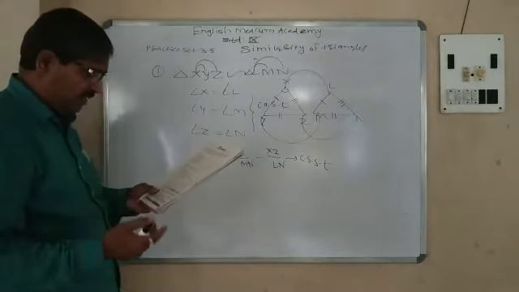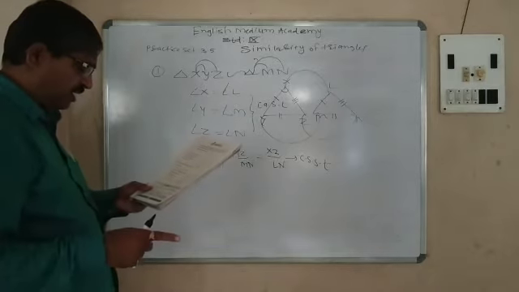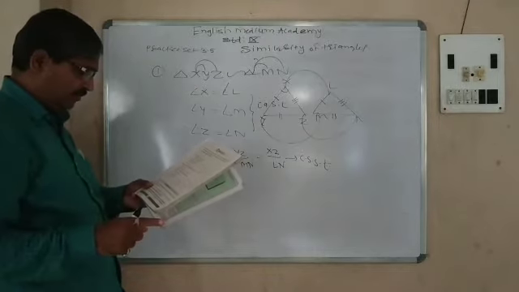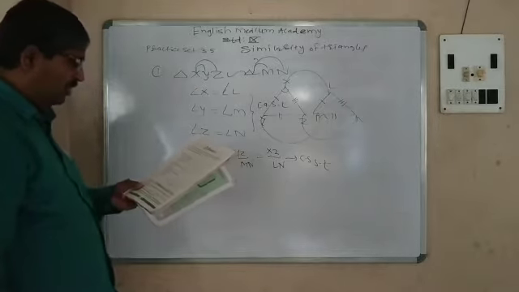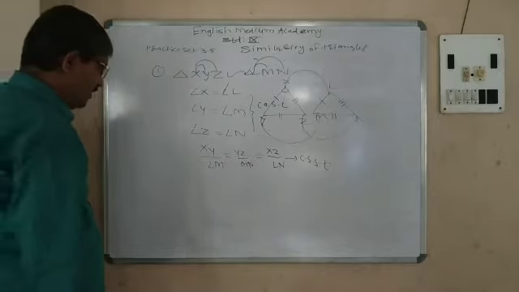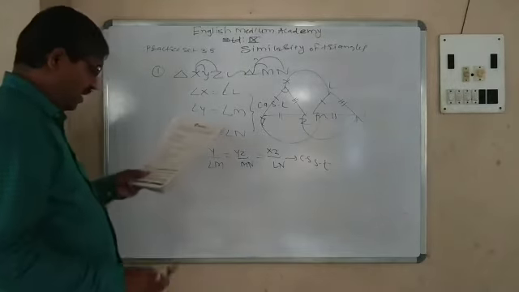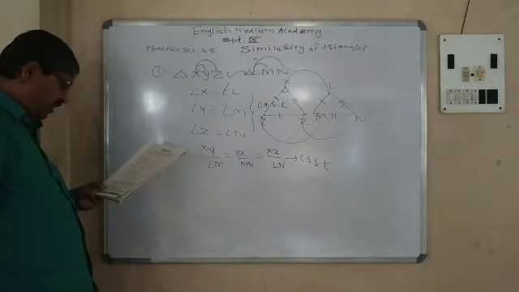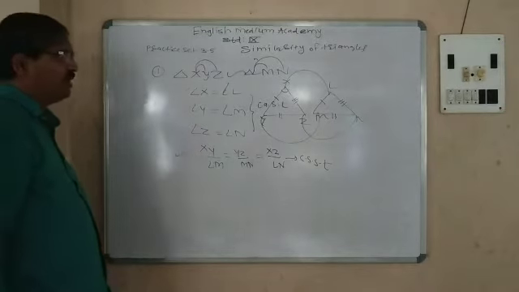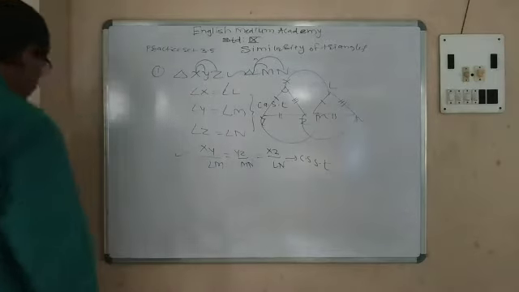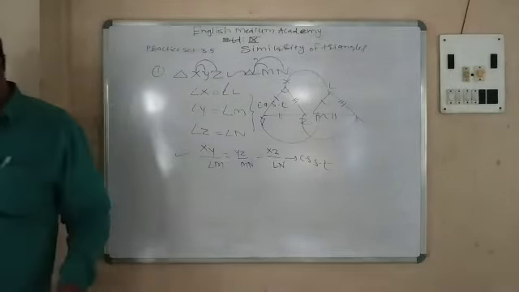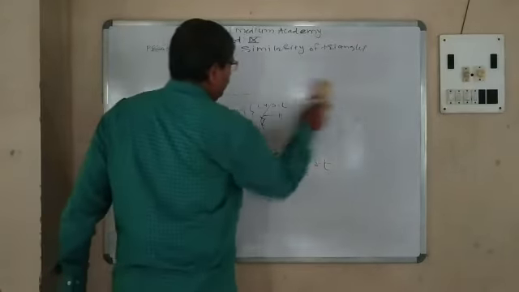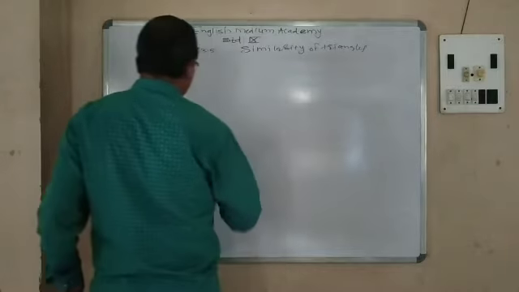Since it is asked to write the corresponding angles of two triangles and also the ratios of corresponding sides, we have written the sides here, and the angles also I have mentioned. Now we will enter into question number 2. What is question number 2? Please read and write the question. If you want, you may draw the diagram.